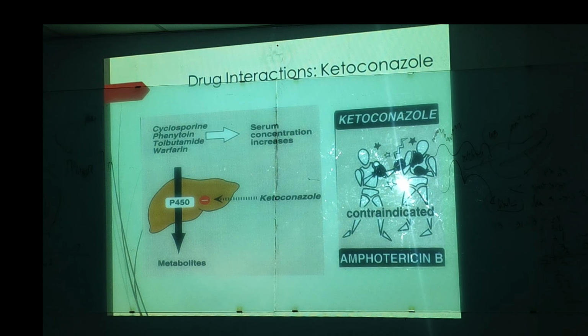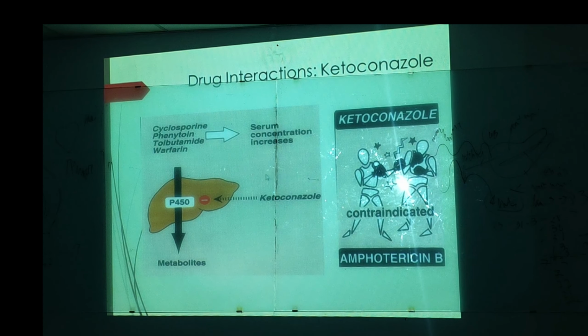Drug interactions: ketoconazole is not a friend with amphotericin B. Unlike the friend of amphotericin B, the previous one, the antifungal is flucytosine. Ketoconazole is contraindicated with amphotericin B, so you don't use these drugs together.